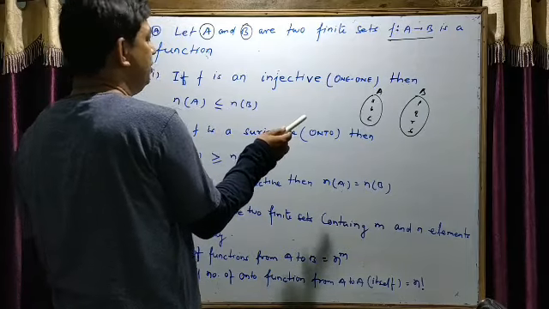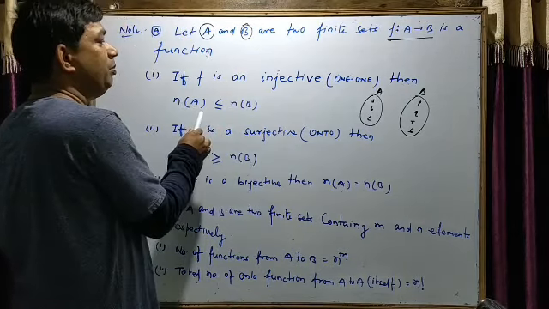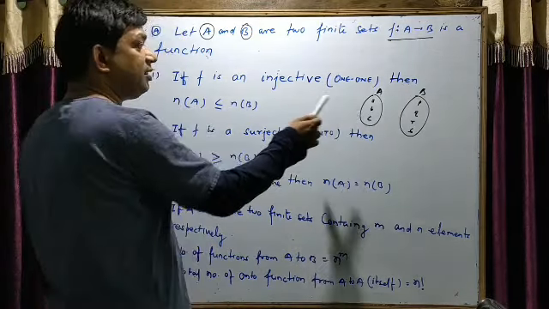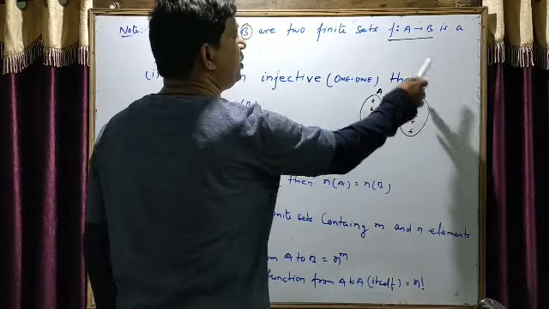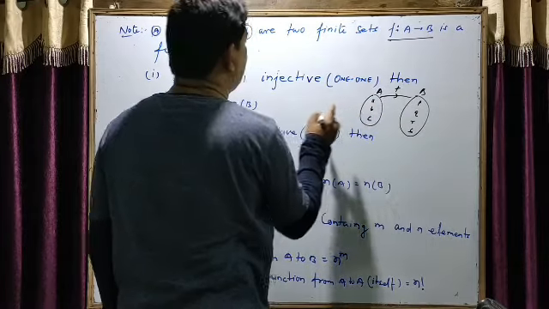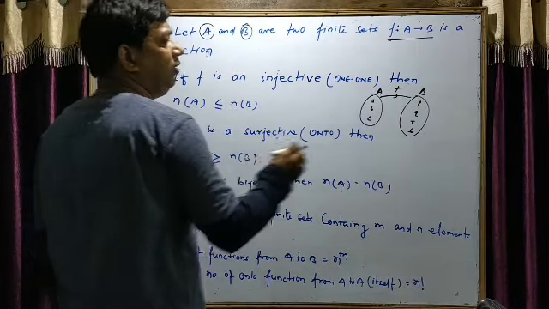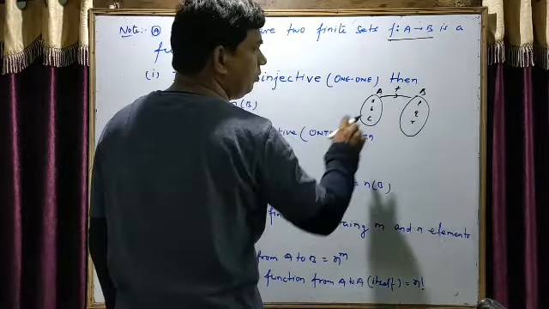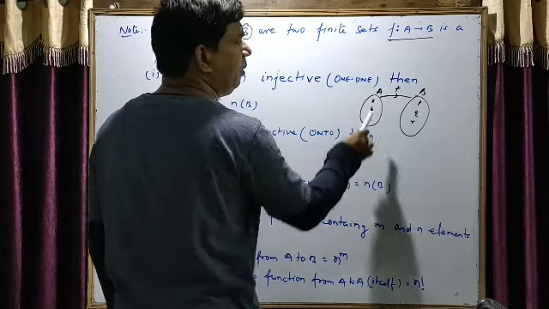So here this condition is present, the number of elements in this set is less than the number of elements in set B, and f is a rule, then this function is always one-one, and if it is equal also, then also it is one-one. Why?